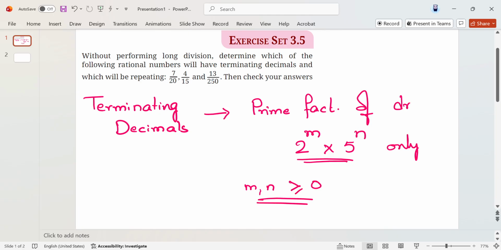That means the powers of 2 and 5 can be 0 or greater than 0, that means non-negative integers. Okay, now let us see the first question.